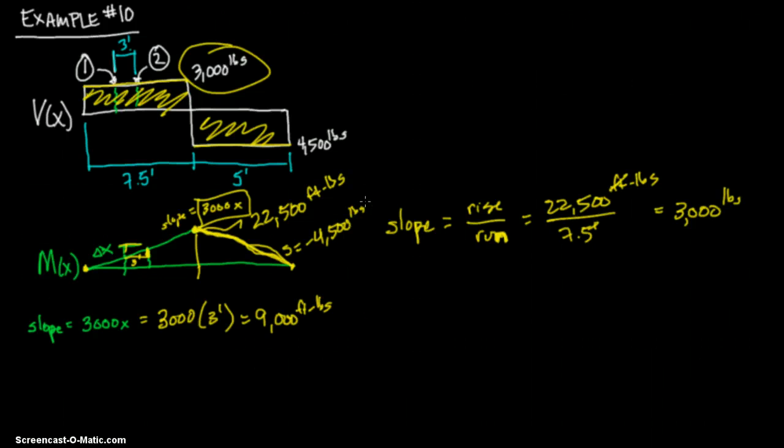The slope is actually 4,500, but I like to think the equation is 4,500x, and x is starting right here. Hopefully that makes sense. We'll go ahead and move on to the next video.